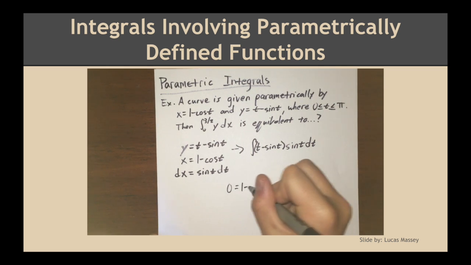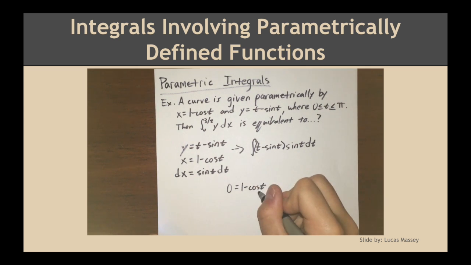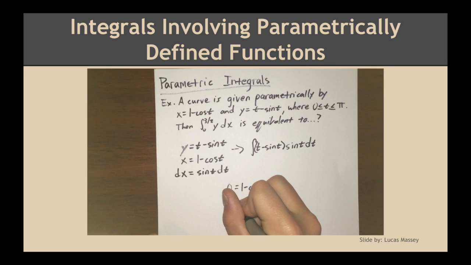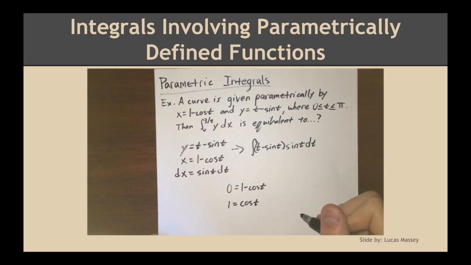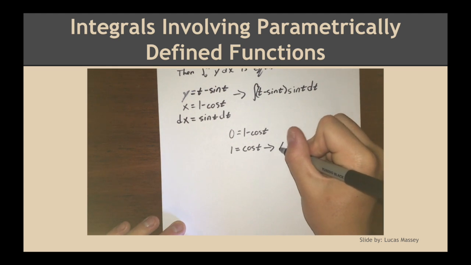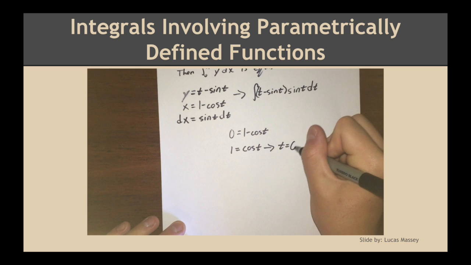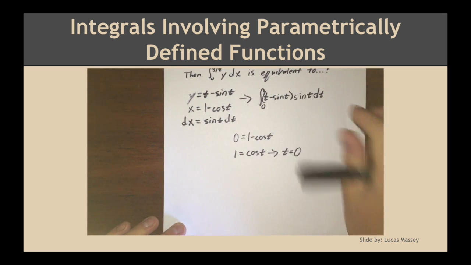For this, we can set the first limit of integration 0 into our x equation and use it as x. So we're trying to find a value t for which x equals 0. In this case, 1 equals cosine t. Cosine is equal to 1 at 0. So our first limit of integration is 0.